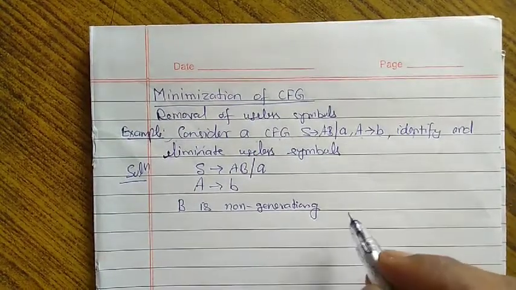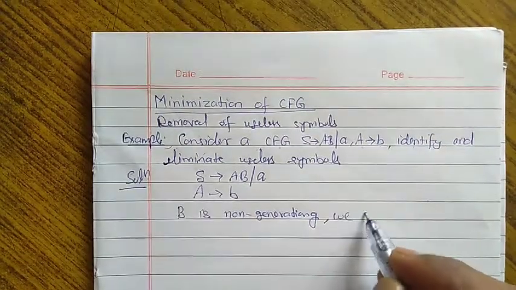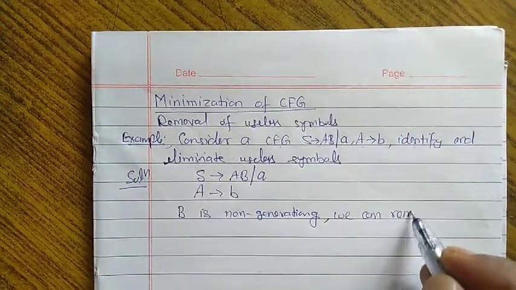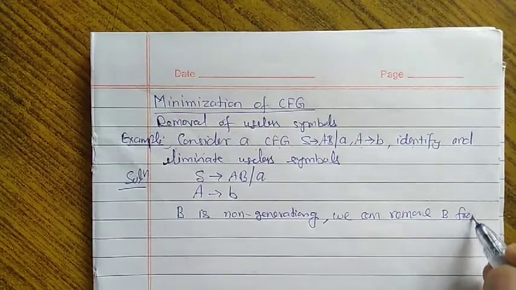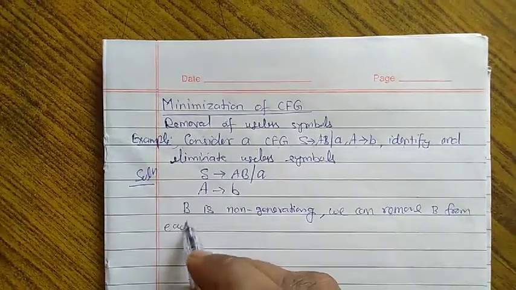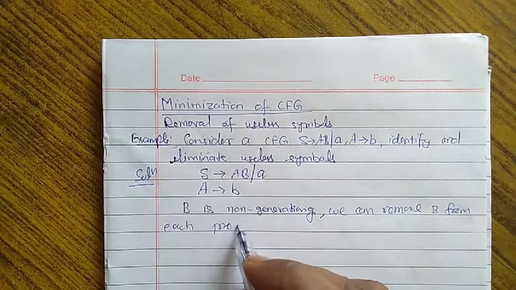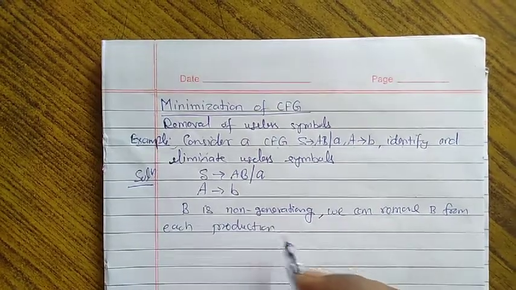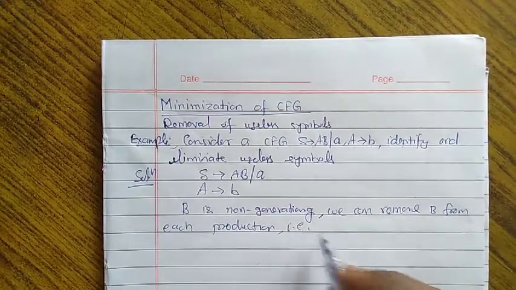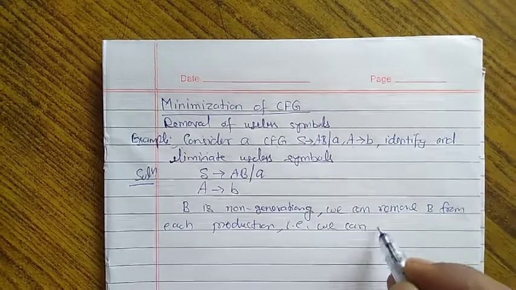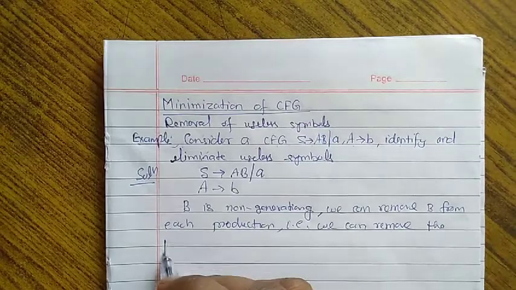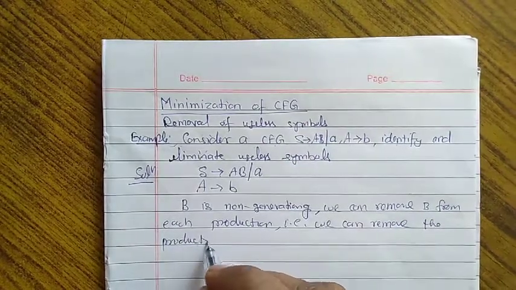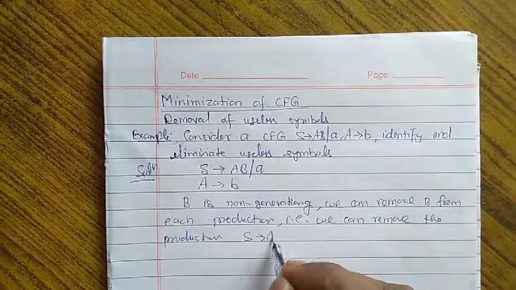So we can remove B from each production, that is, we can remove the production S gives AB.